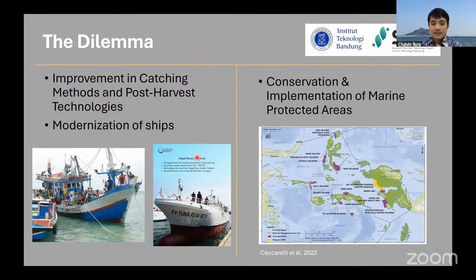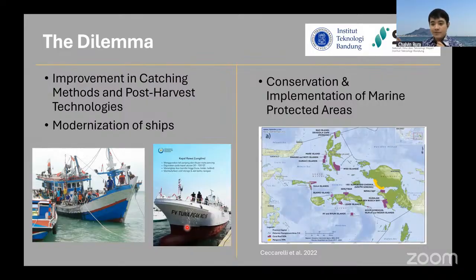But the ministry, as shown in the picture on the right, is trying to encourage the fishermen by giving them capital or facilities or technology to increase the catchment and hopefully the livelihood of these fishermen.